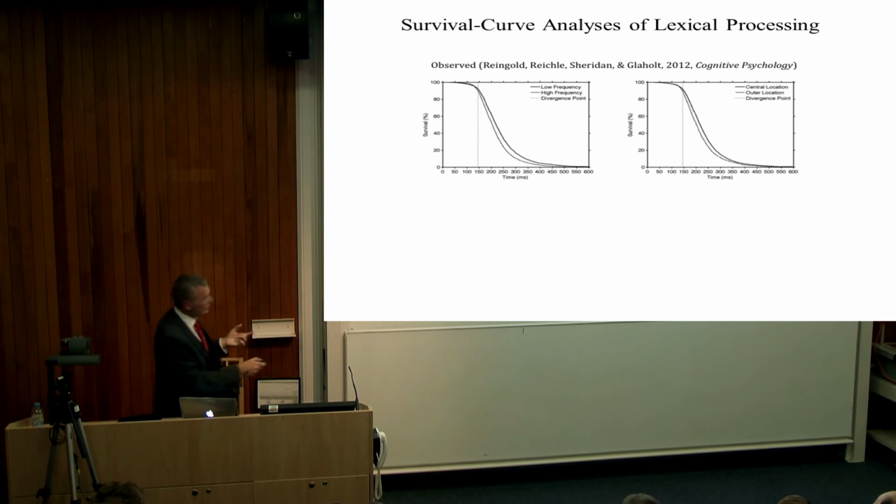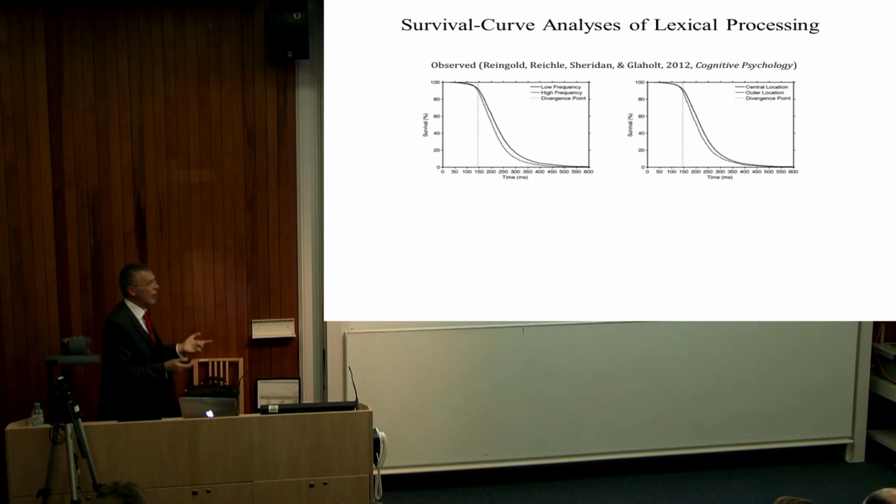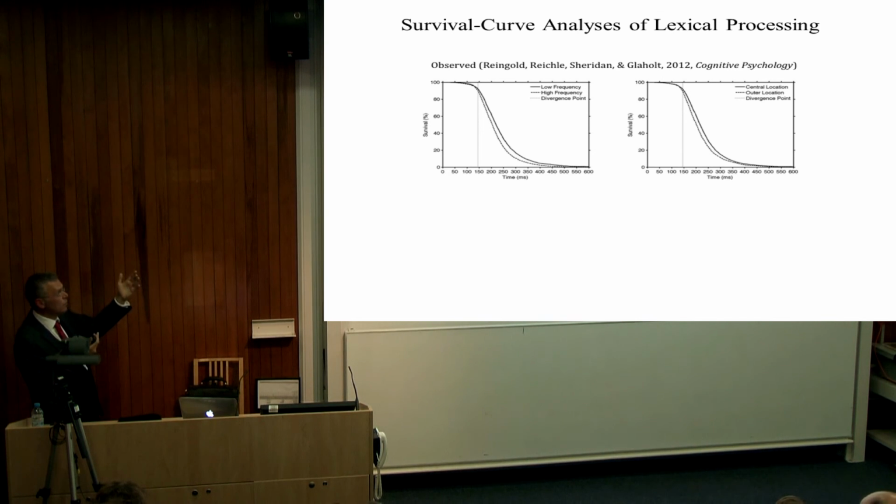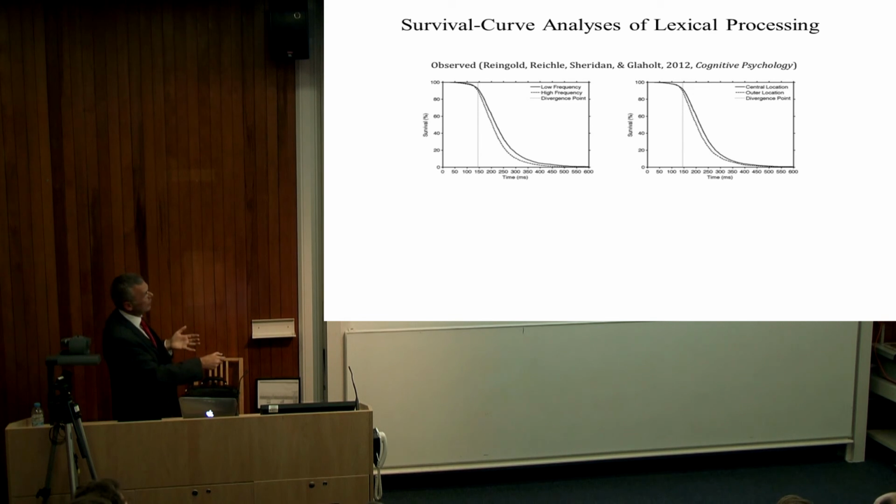And what you can see is that there's this nice separation between the curves at right around 150 milliseconds. Right? And this says something important about the time course of processing in real human readers, that word frequency first has an effect at about 150 milliseconds, as does the initial fixation location.